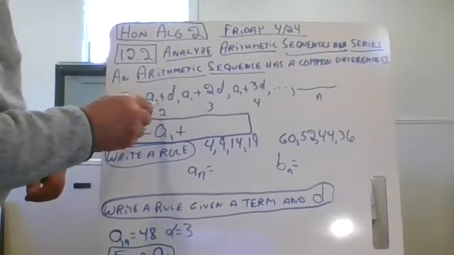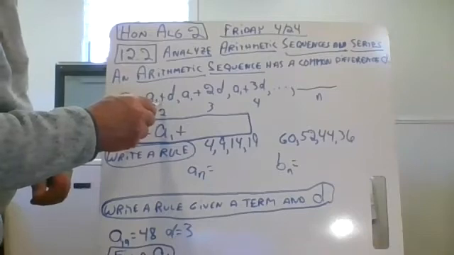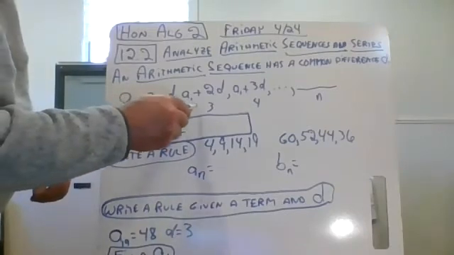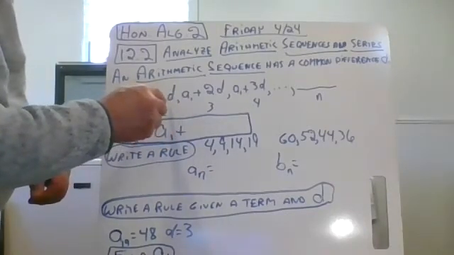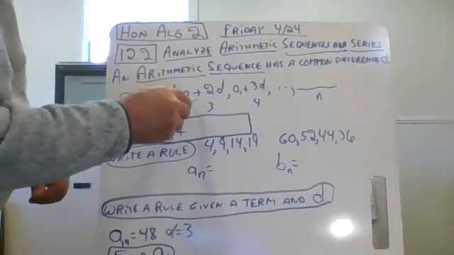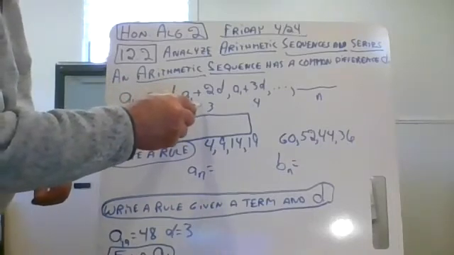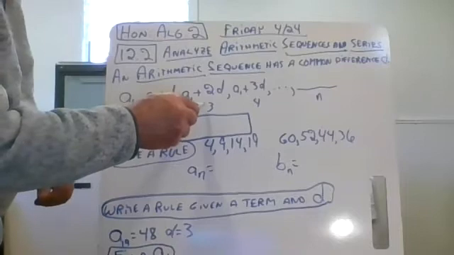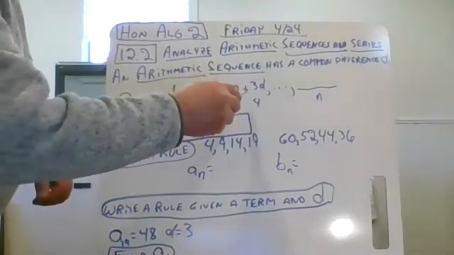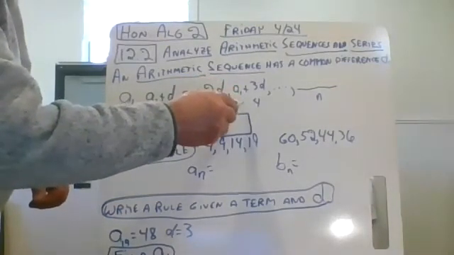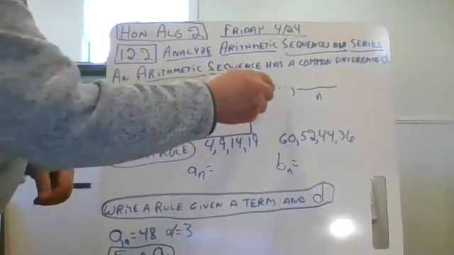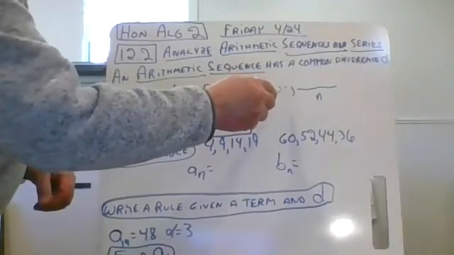So it would be a sub 1 plus d. And the next term, you would add d to the second to get the third. And that would be a sub 1 plus 2d. And then add d and get a sub 1 plus 3d. And you would continue doing that.